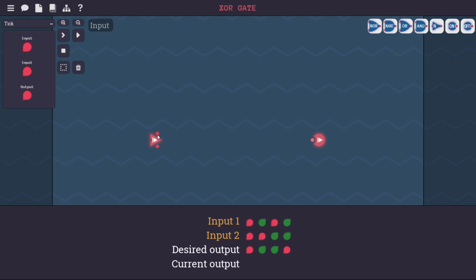So if the first input, okay, we have our first input, our second input, they should not match. That is our goal. So if we have an AND gate, for right now, they are the same. So since they are the same, our output should be off, and that's okay.